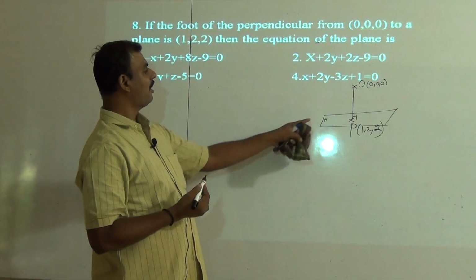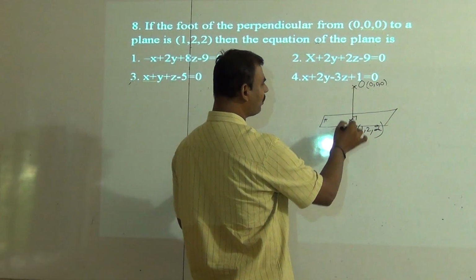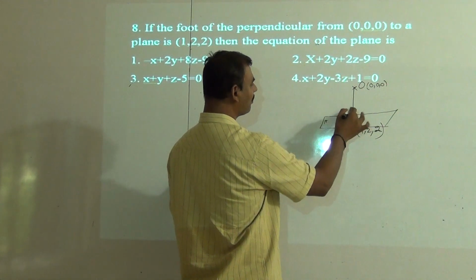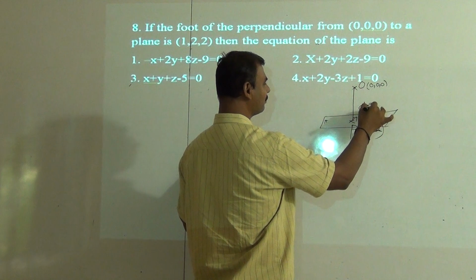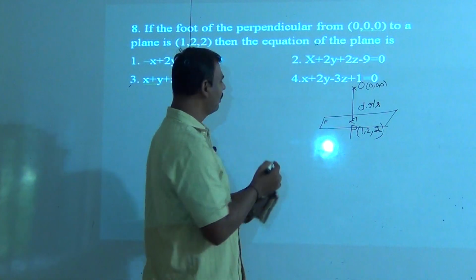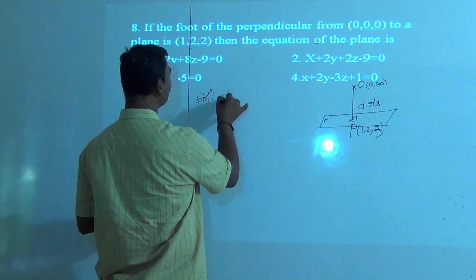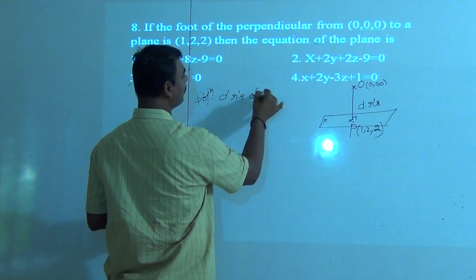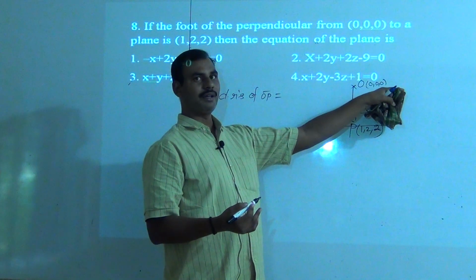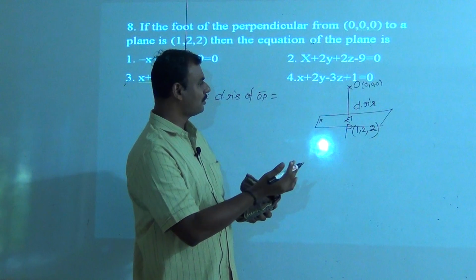So what is the equation of the plane passing through this point? This is called the normal of the plane, correct? So the normal of the plane means, what are the DRs? Find out. The DRs of OP: whenever two points are given, x1, y1, z1 and x2, y2, z2, how do we calculate the DRs?